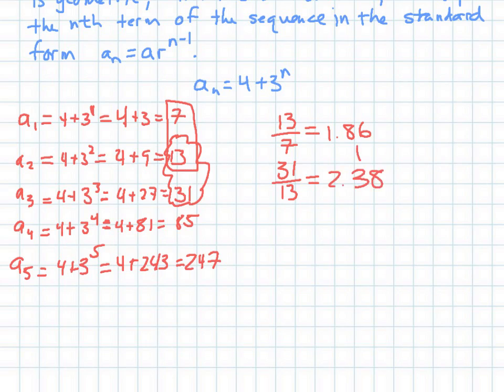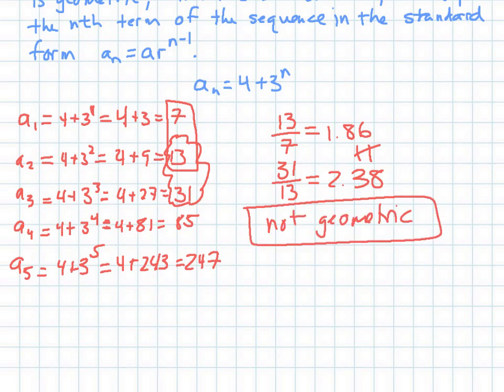Because they're not equal, this would be no, or not geometric. You just have to show 2 ratios to prove it's not. If you want to prove that it is, using all 5, you need to go through all of them, because if even one doesn't match the other r values, then it's not geometric. So you have to always check all of them.